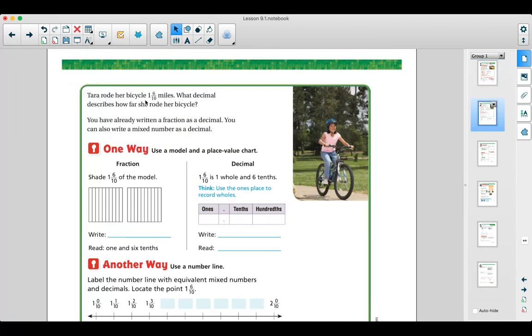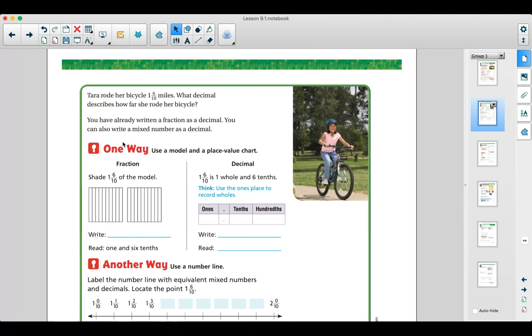Tara rode her bicycle 1 6/10 miles. So she rode it 1 mile and 6/10 of a mile. What decimal describes how far she rode her bicycle? You've already written a fraction as a decimal. You can also write a mixed number as a decimal. One way, use a model and a place value chart. Let's start with the model. Shade 1 6/10.